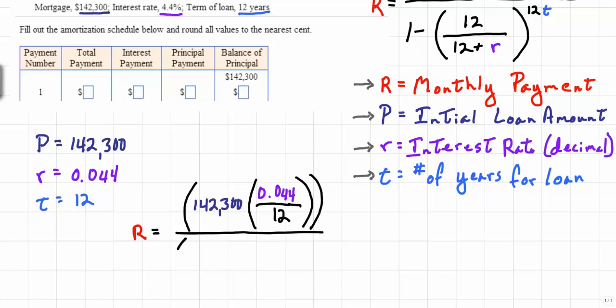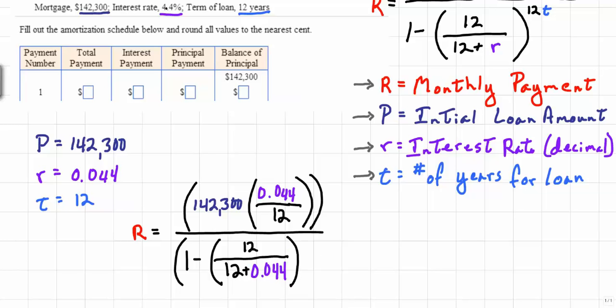Once again, I'm going to put parentheses, 1 minus open parentheses, and then it'll be 12 over 12 plus r, which in this case, just like what we put into the numerator, is 0.044. I will close the parentheses again.